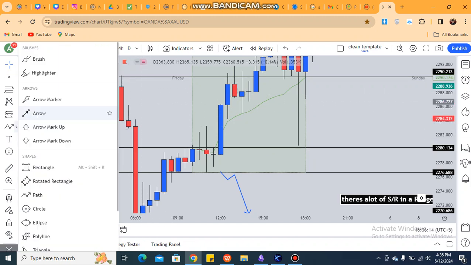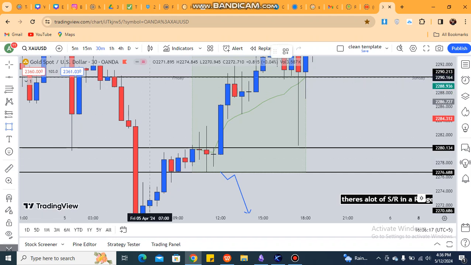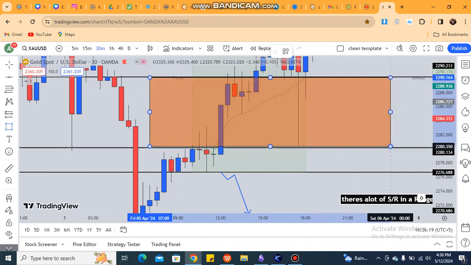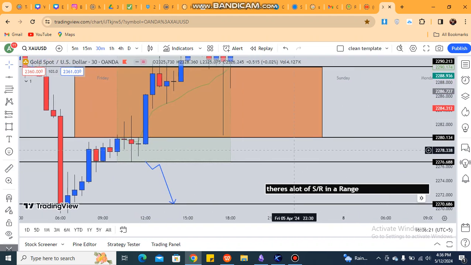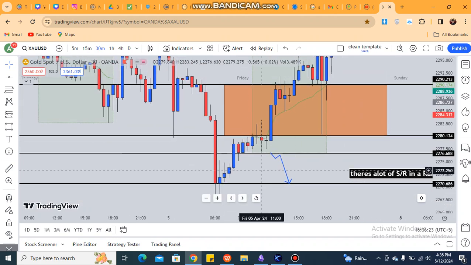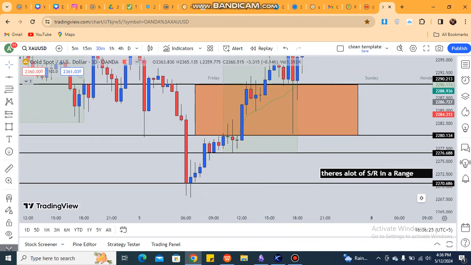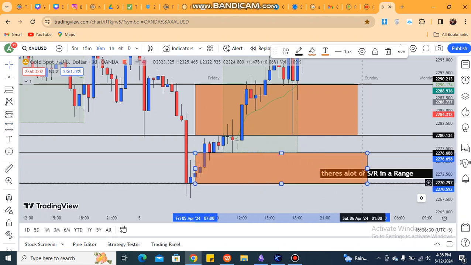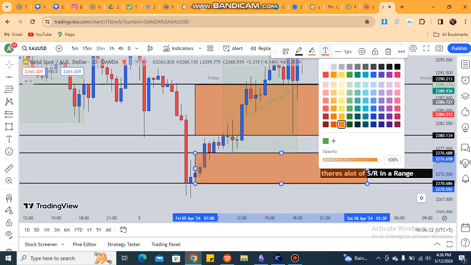So what we are going to do is trade in this range. We are going to trade in this range.